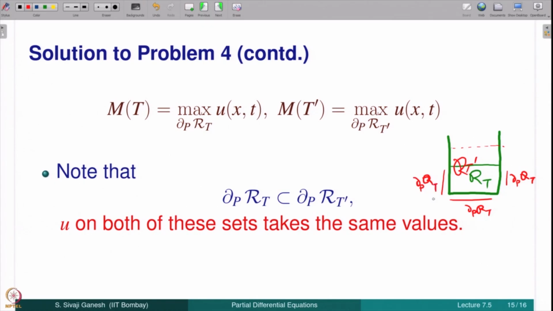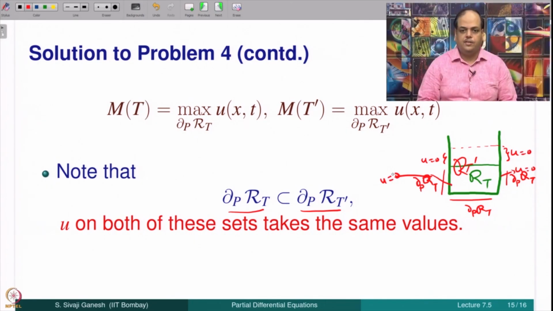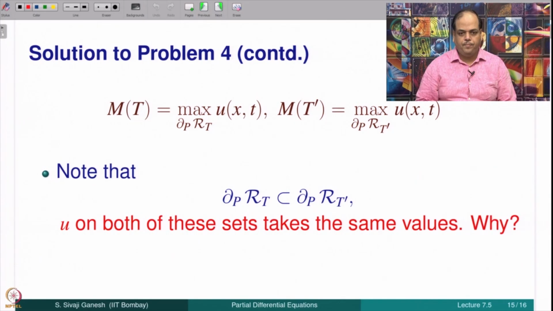What is the parabolic boundary of R_T dash? It is bigger than this. What is the new portion? It is only this much. And what happens to u there? U is 0, that is the boundary condition. And u is already 0 here. So u does not take any new value, so the maximum does not increase. Therefore, the maximum is the same. So m of t equal to m of t dash.